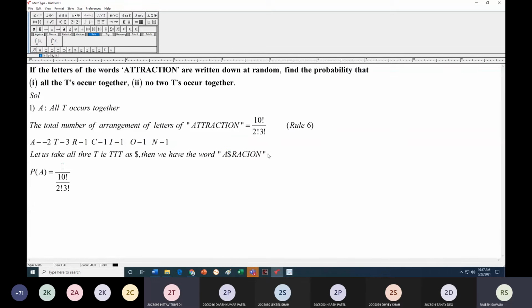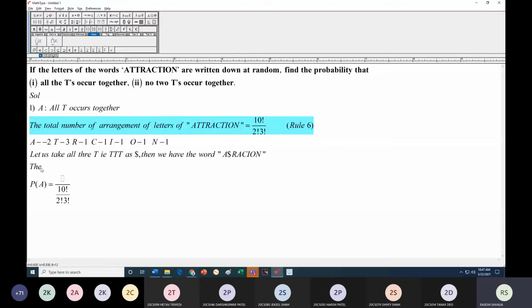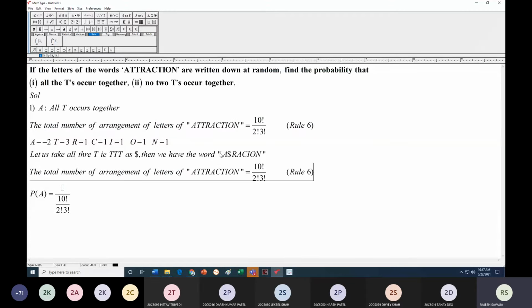Fine. Now, the total number of arrangements of this letter, let me take again. Now our spelling is changed. It is $, correction.